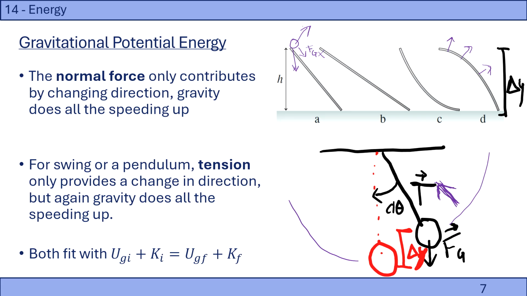So in a pendulum swinging, the tension will only change your direction, and gravity does all of the work. Both of these scenarios will fit an equation like this: the initial gravitational potential energy U_G plus initial kinetic equals the final U_G plus the final kinetic.